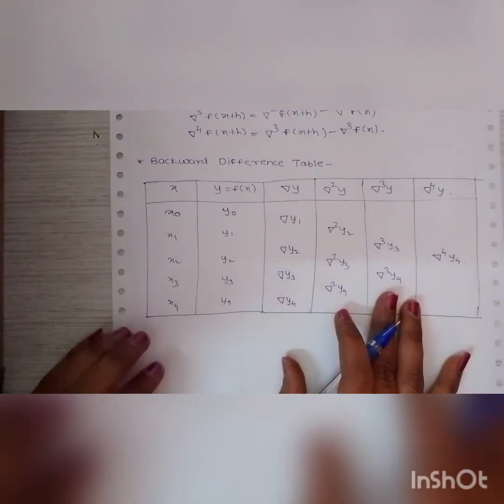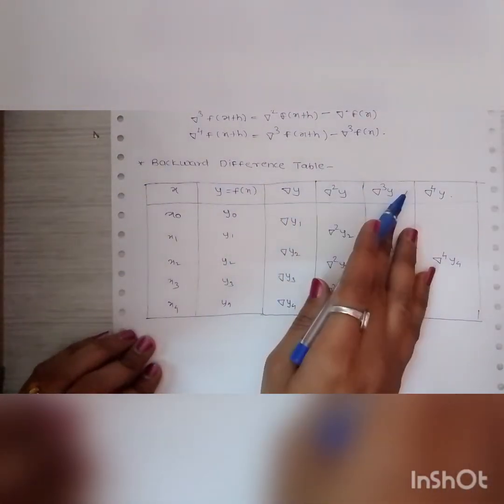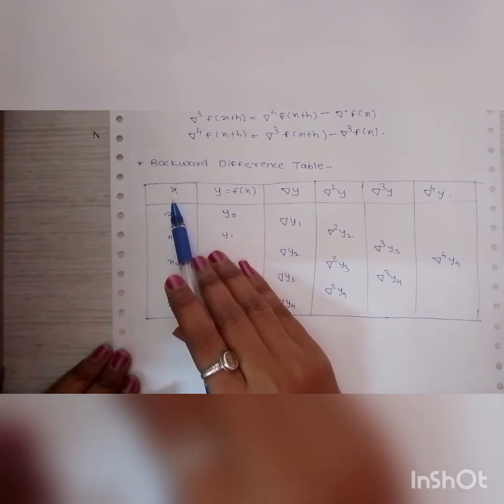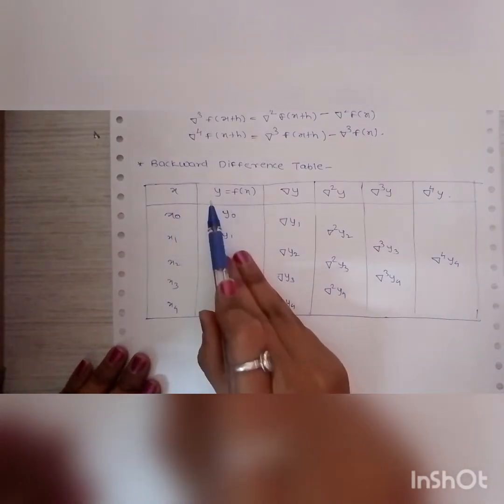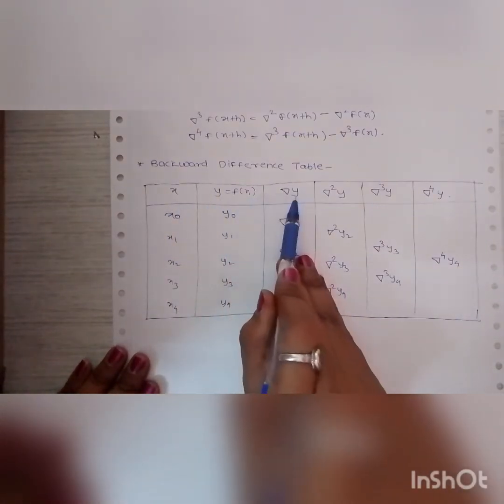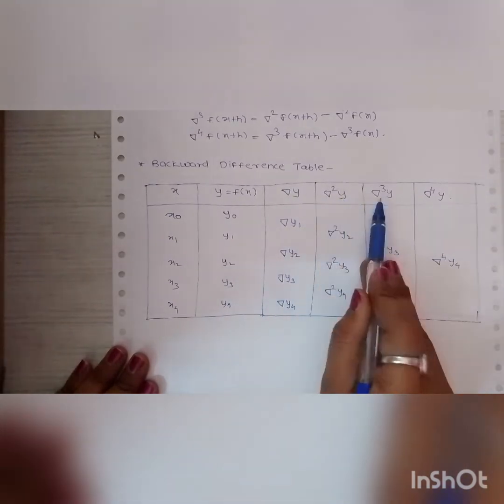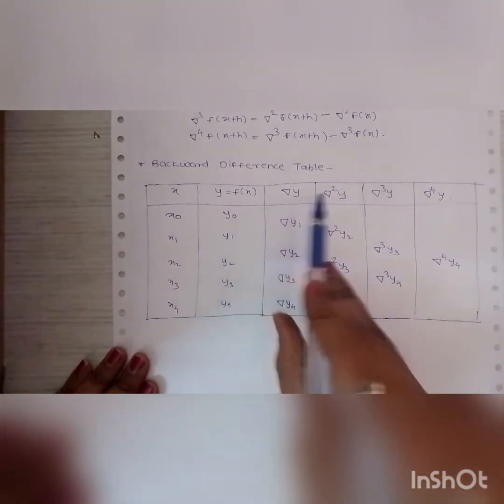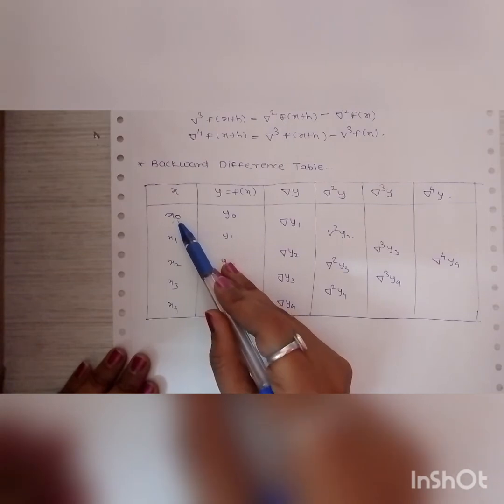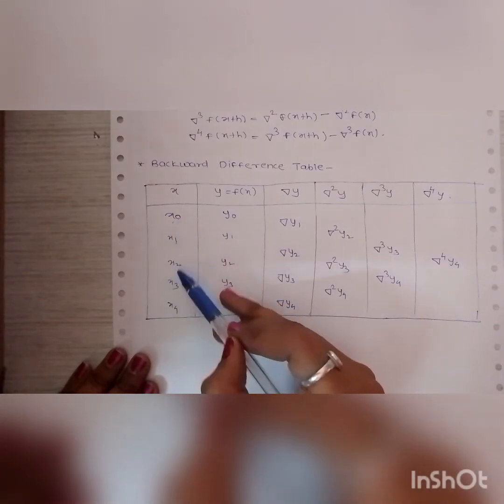Now see the backward difference table. In this table we take the values of x, function y equals to f of x, del y, del square y, del cube y, del raised to 4 y. Here we have given the values of x0, x1, x2, x3 and x4.